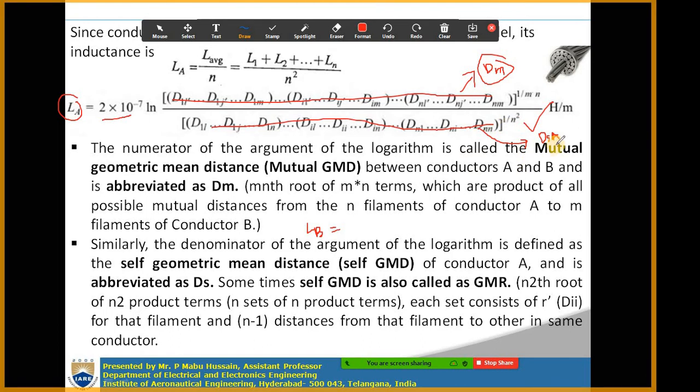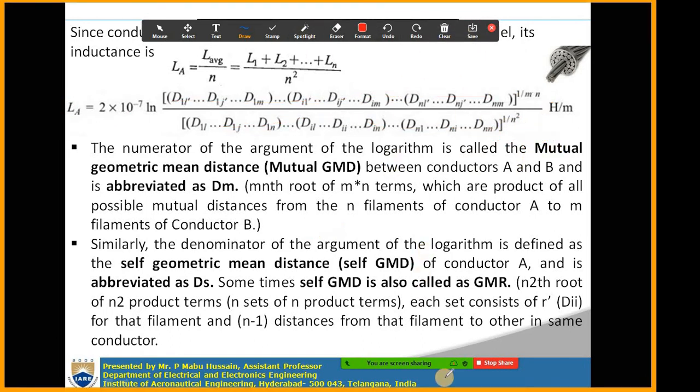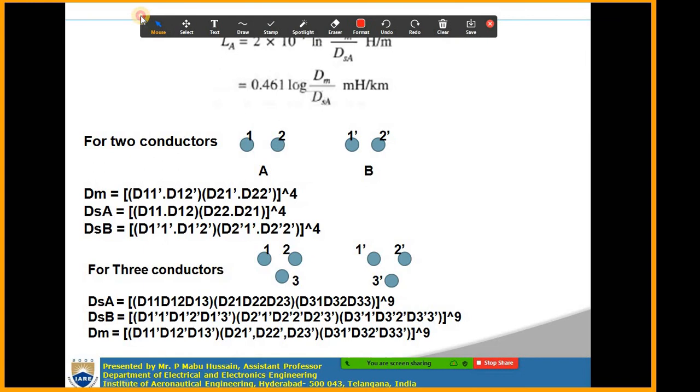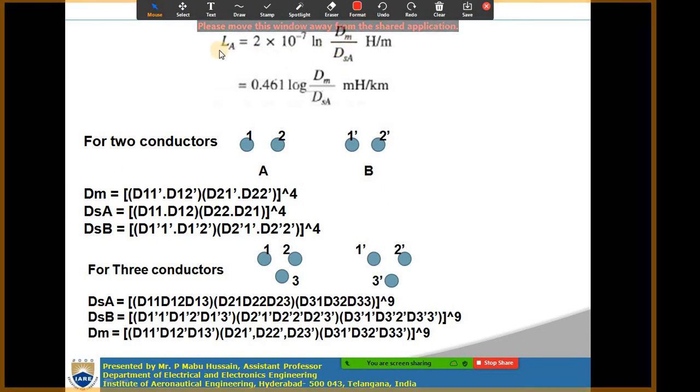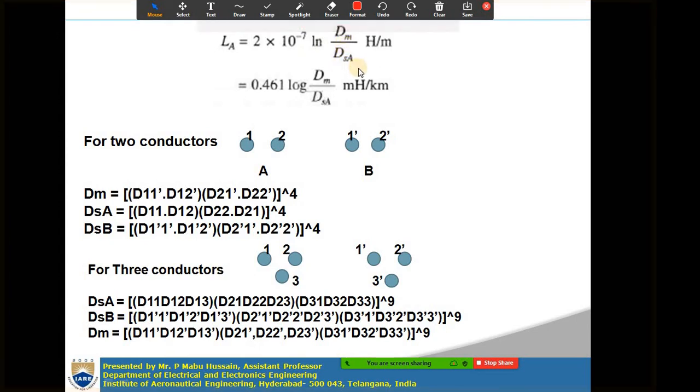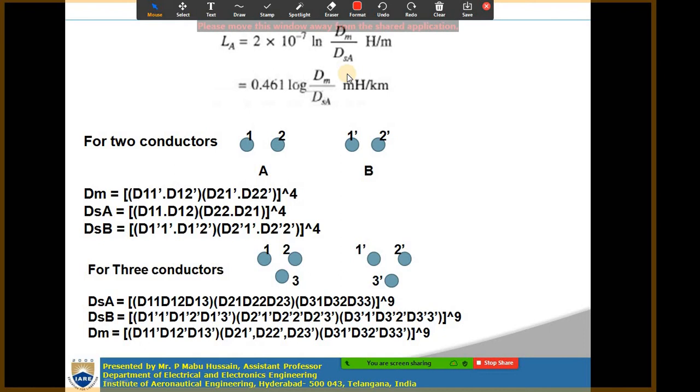Okay. So, that is what I have written here. LA is equal to 2 into 10 power minus 7 ln dm by dSA. For B, LB is equal to 2 into 10 power minus 7 ln dm by dSB. So, if you want the loop inductance, you have to sum LA plus LB.